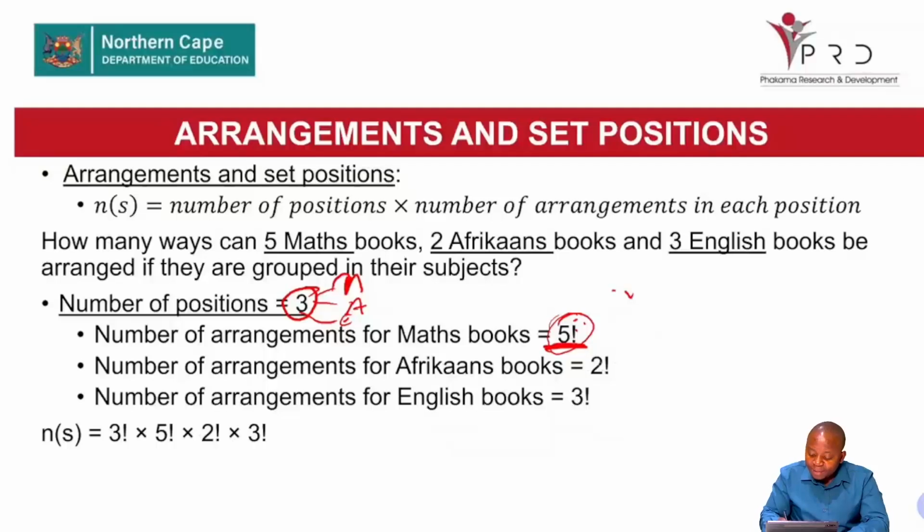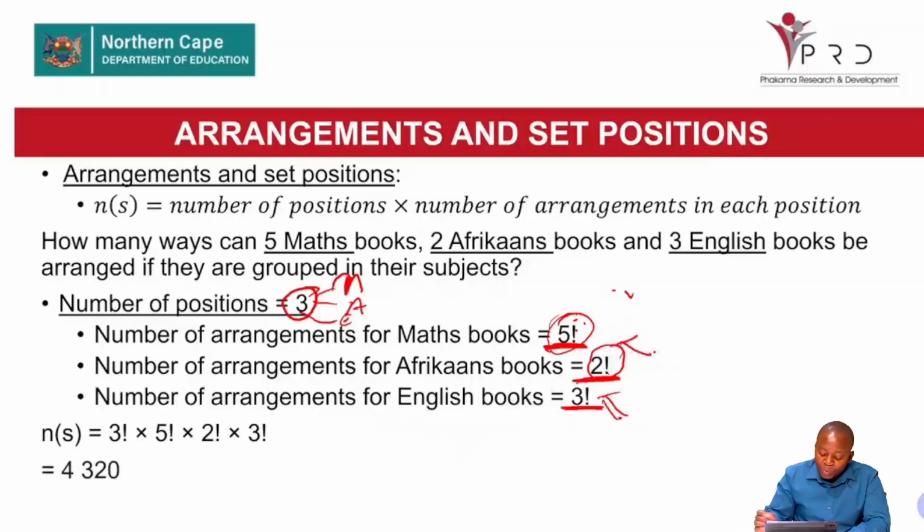Then under Afrikaans, it's a slot again. In this Afrikaans slot, we can arrange these books in 2 ways. That's 2 factorial. In the slot for English, we can arrange these English books in 3 ways. Those are our books in groups, and even these groups can be positioned in 3 different ways.